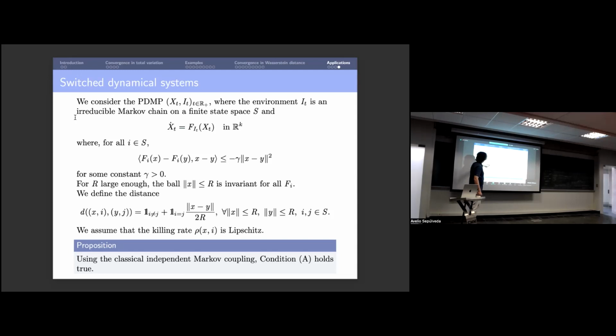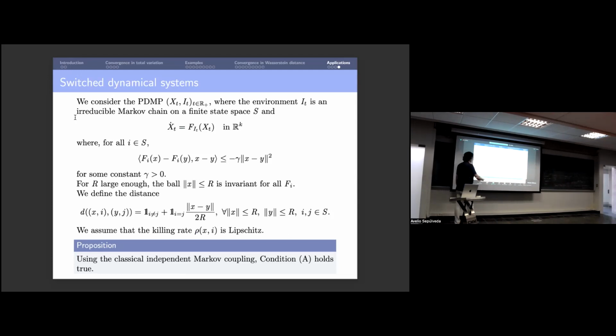Well, I just assume that there's this contraction estimate, so I do not assume this specific form here. Then I'm going to consider a distance. We can construct a distance, and this distance is going to be 1 if the two environments are different, and otherwise it's going to be the distance between the positions of the two processes.